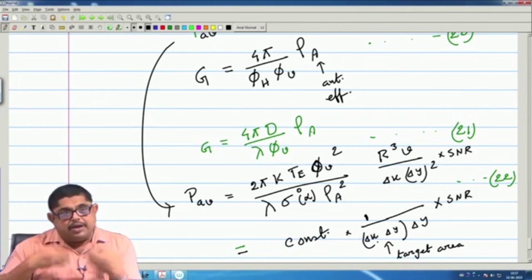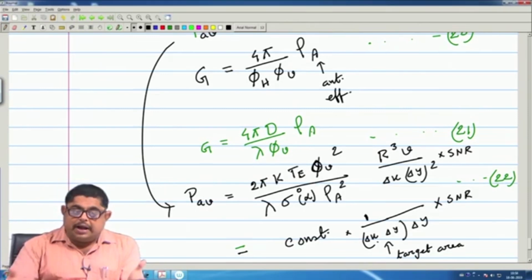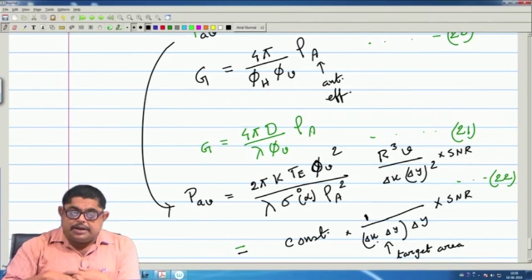Now, the question is, can we use small antennas? Ultimately you are governed by the power handling capability of the transmitter.